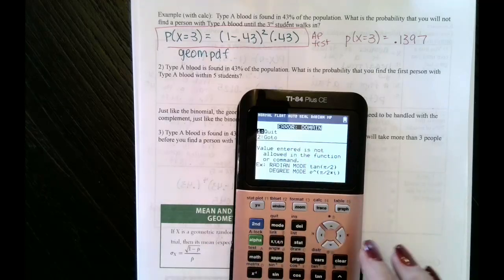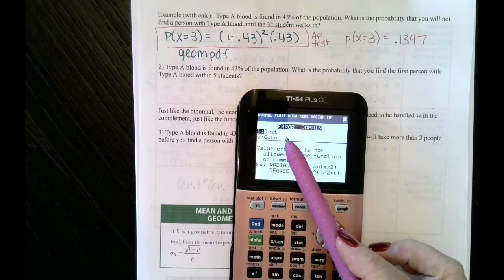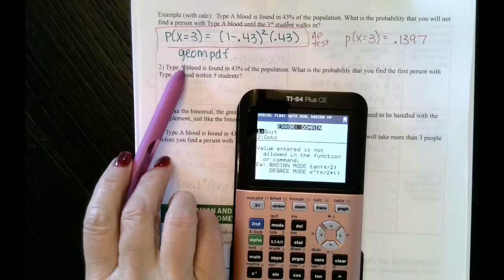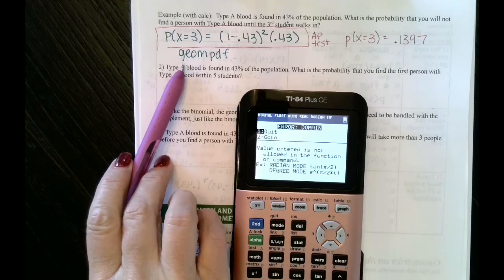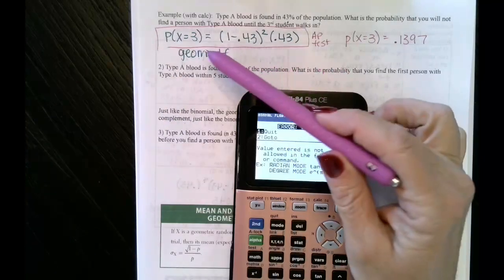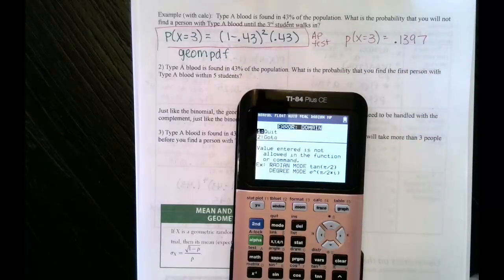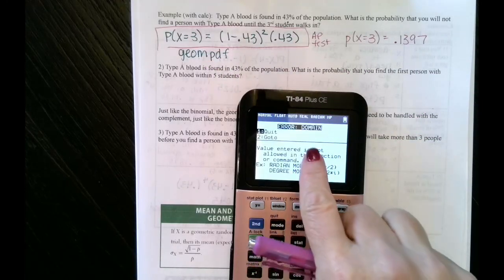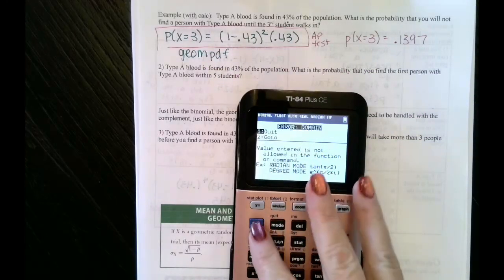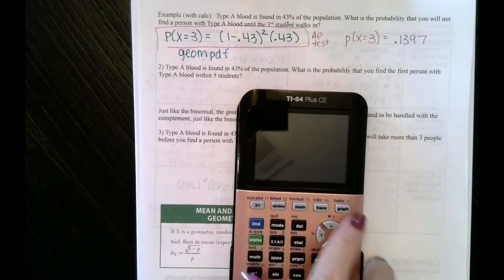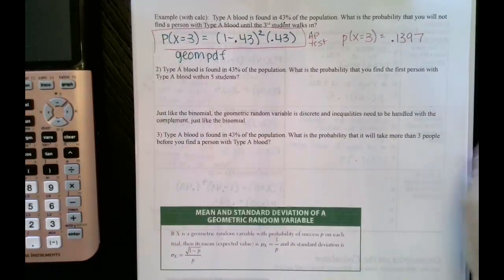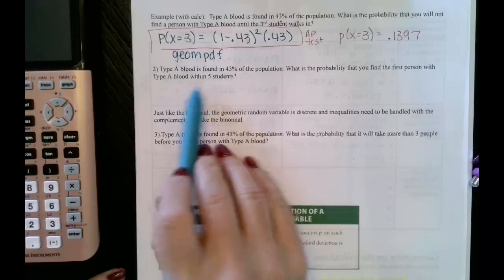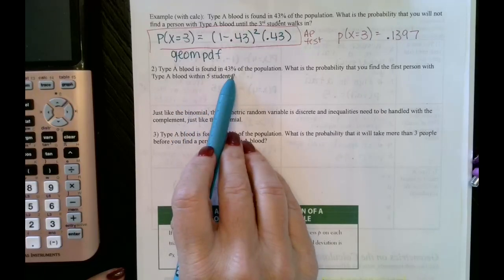I get this domain error because I can't have this unlimited amount of trials. That's why we have to use this geometric PDF. Because remember, we don't know how many people it's going to take. We're going to say, okay, what happens when it's the third person? What is the probability of that? So that's why we get this domain error when we try to have just this unlimited amount of trials.